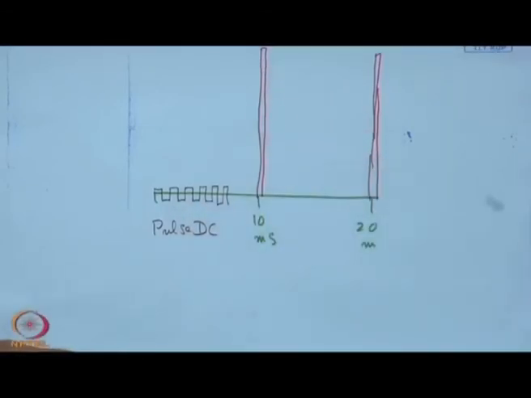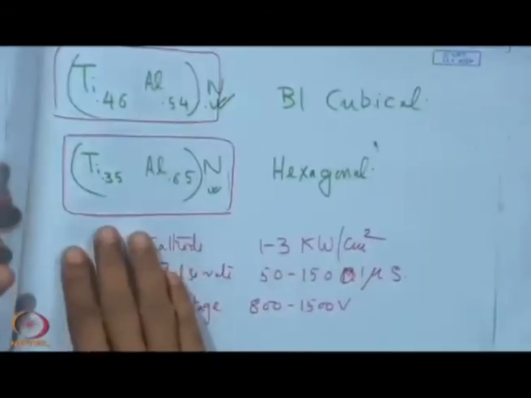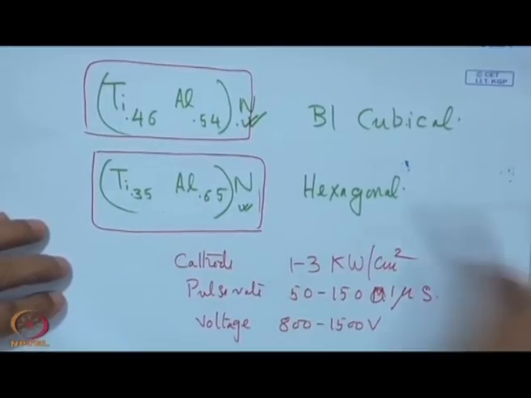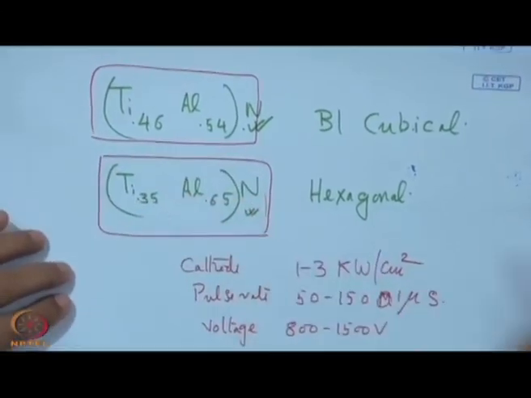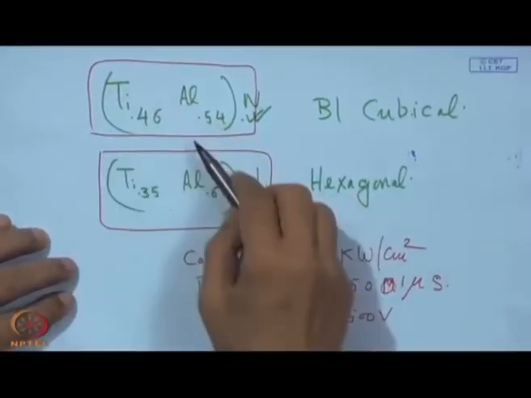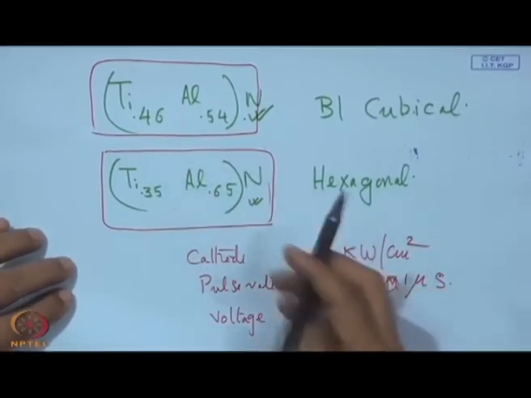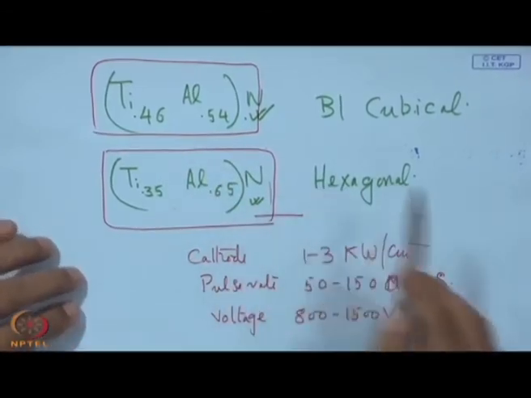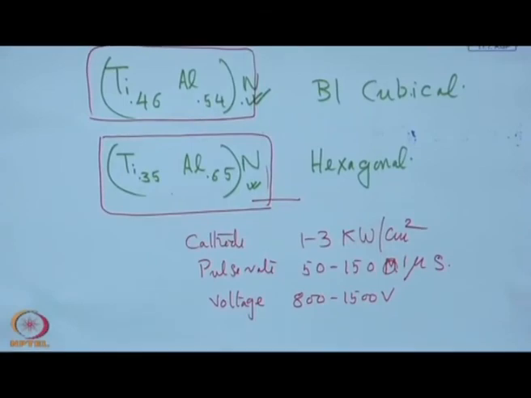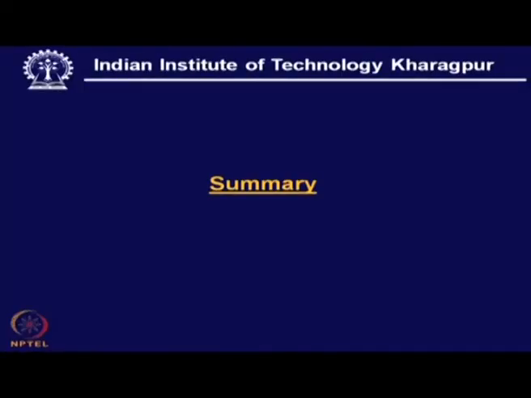So, with this it is possible to have such a coating, which has much better properties compared to conventional titanium aluminum nitride, and this is called the supernitride coating. With this we can summarize the whole thing. That means there are certain upcoming technologies for layering or for having a coating.